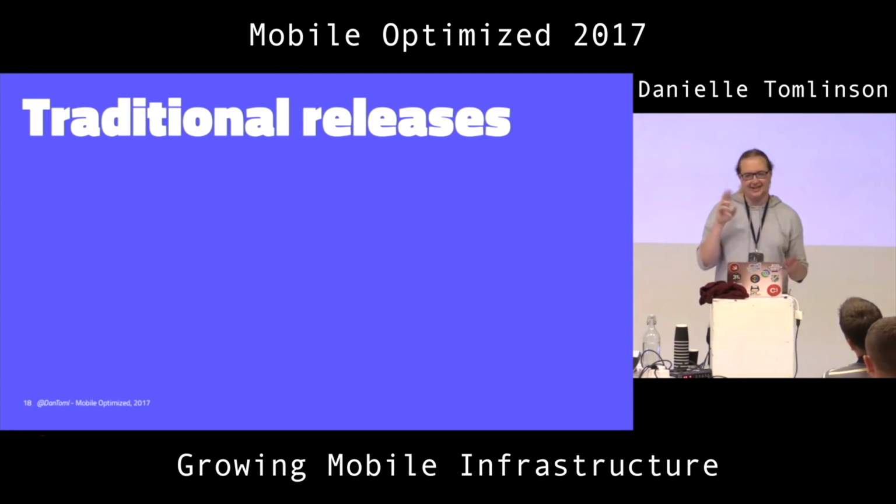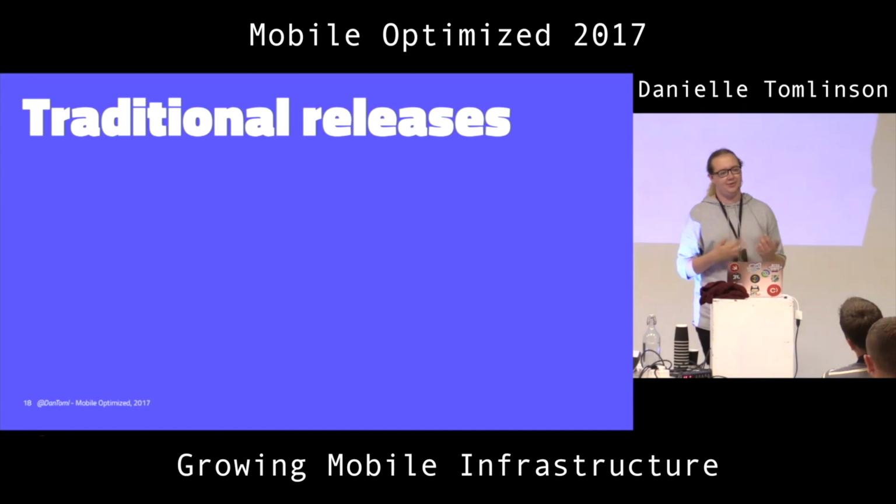So in a traditional mobile app release process, it was what I described with code signing, where one person would have all of these things, and would take your app and do the deploying and all of the laborious work.